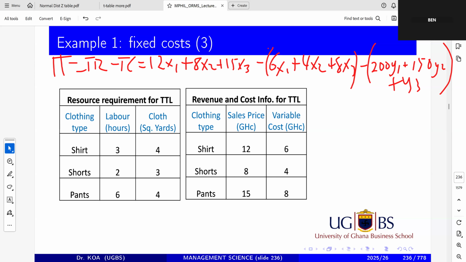Why? Because that's what we defined as total fixed cost. I mean, why Y1? Before we produce, why not just write minus 200? The reason why Y1 is because to produce shirts, we need the machinery for shirts, which is Y1. But the Y1 still means 1.